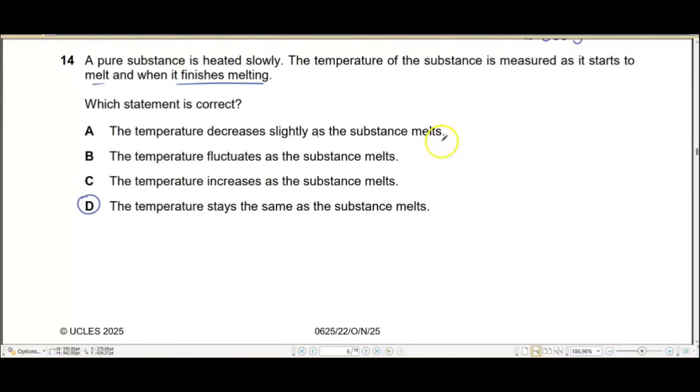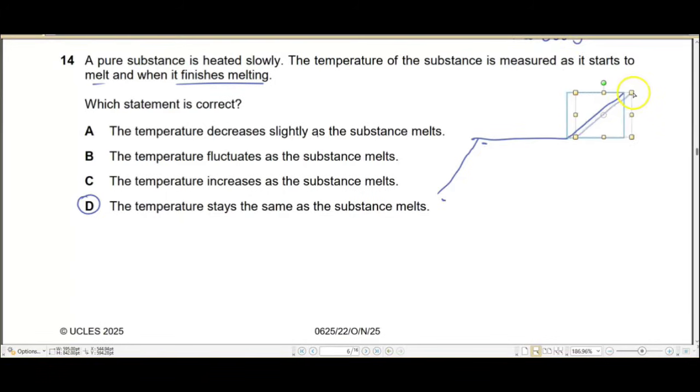And why? You've seen the heating and the cooling curves. We know that whenever a state change is happening, the temperature remains the same. For example, we've started to melt something. Here there is a change in temperature, but when the state change is happening, the temperature remains constant. When the state has changed and heating is still being provided, the temperature again increases.